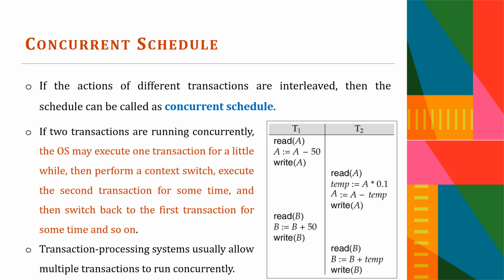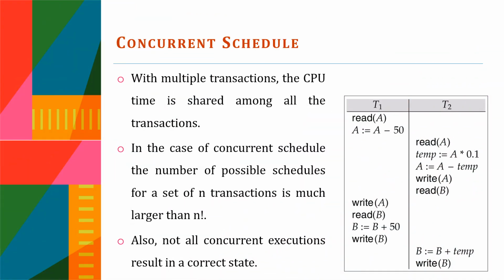After executing a set of statements in T2, the control switches back to T1. Then after executing a set of statements in T1, it switches back to T2 and so on. So with multiple transactions, the CPU time is shared among all the transactions.